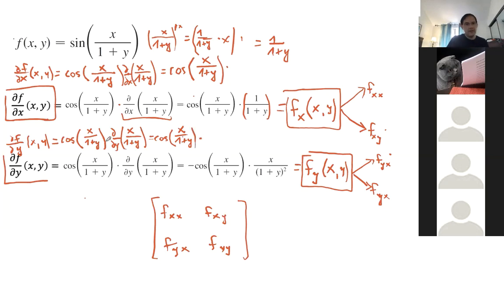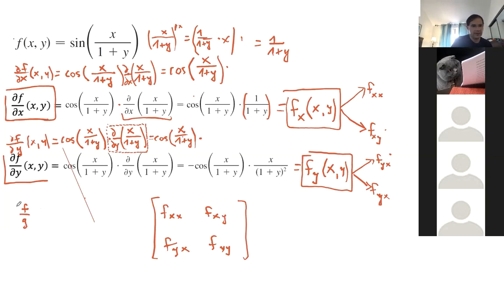times, okay, now let's think of this. What is the derivative of this function with respect to y? Maybe we can do this aside. Let me remind you something from calculus.